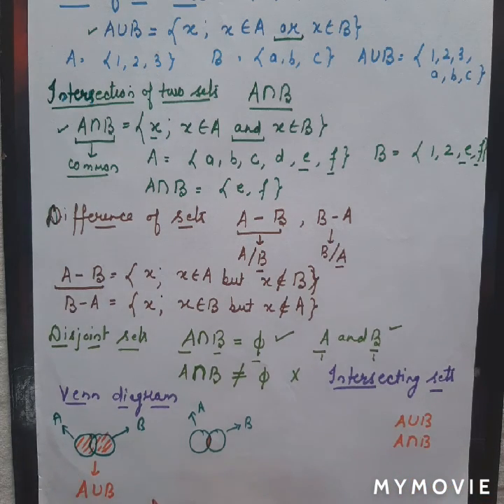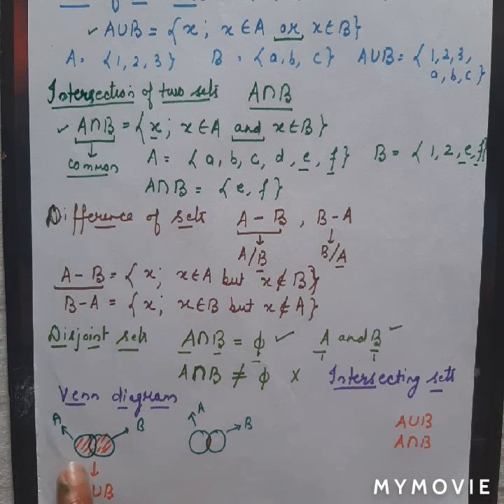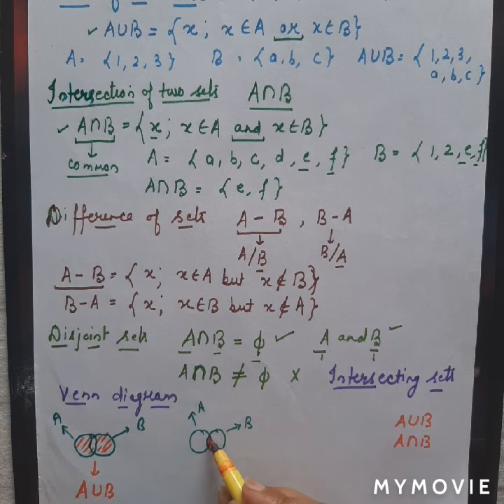A union B means we need to write all the elements over here. But we are not considering all the elements here, we are considering only this portion. This portion is common to A as well as common to B. So A intersection B means common elements we will take from both the sets. So this is the representation of A intersection B.